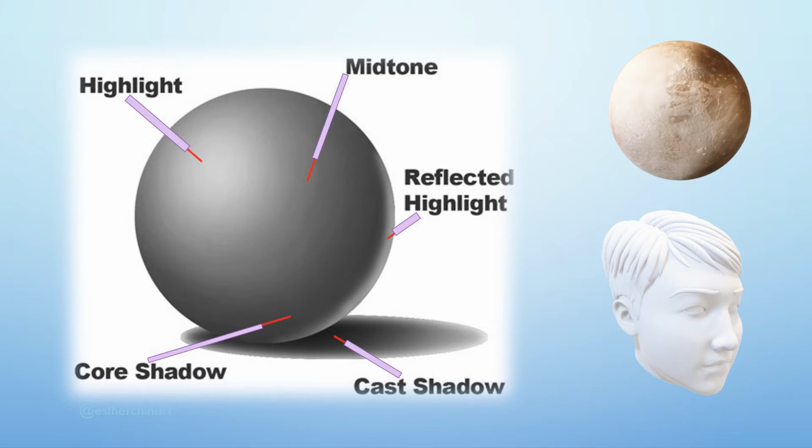And then you also have the reflected highlight, which is a bounce. It's light from the highlight that bounces off and returns back to the object on the underside.